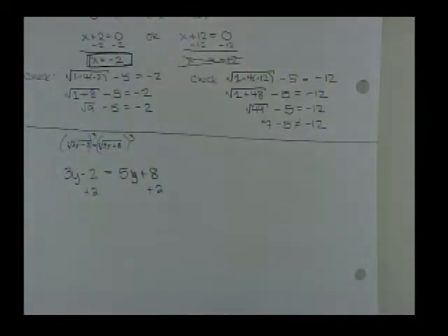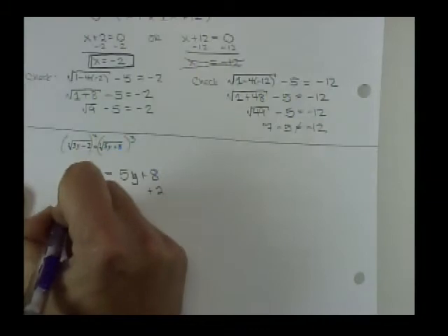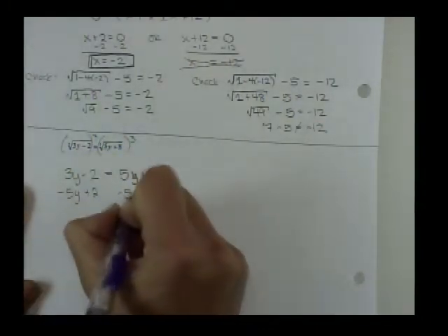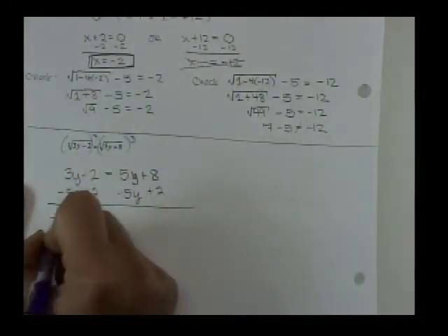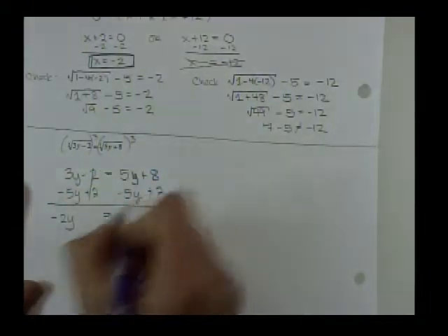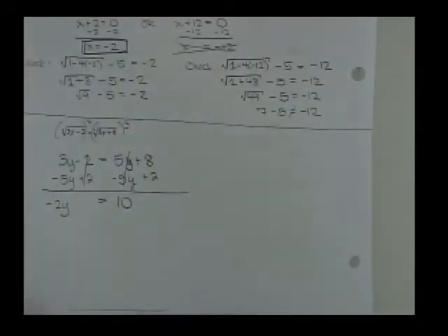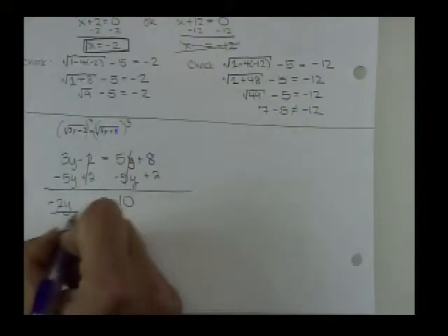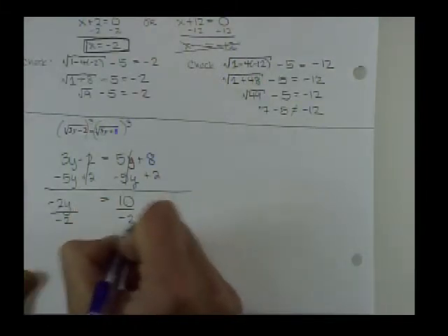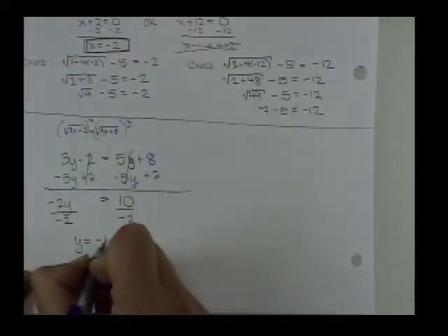Here we don't have to get it set equal to 0 because the variable isn't raised to a power. So we get -2y equals 10. And then divide both sides by -2. So we get y equals -5.